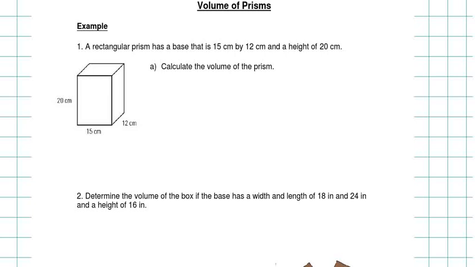So for a rectangular prism, to find the volume, you need your length and your width and your height, you need all three sides, okay? If you know all three sides, the formula for the volume of a prism is length times width times height, and then you can multiply them all together.